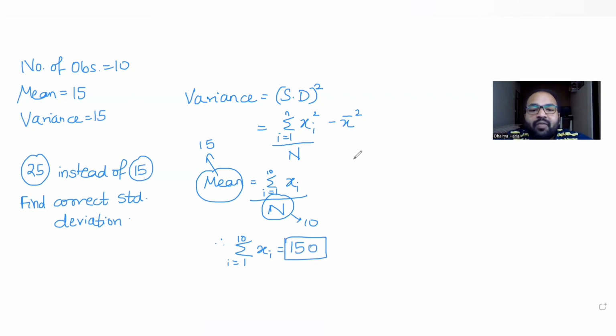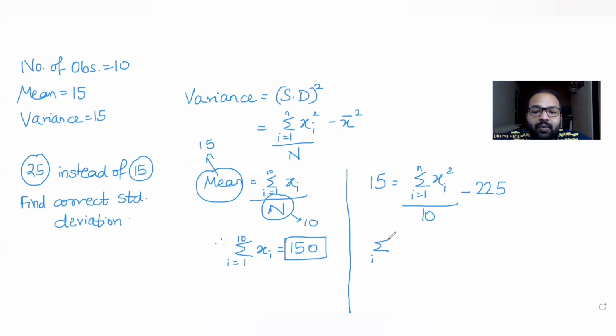Now the variance is known to us, that is 15 again. Summation i equals 1 to n xi square, I do not know that. The number of observations is 10 here, and x bar square, the mean square, is 225. So summation xi square upon 10 is 225 plus 15, which is 240.